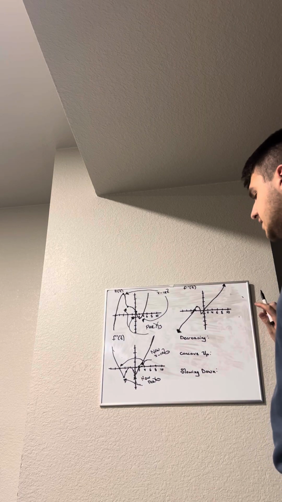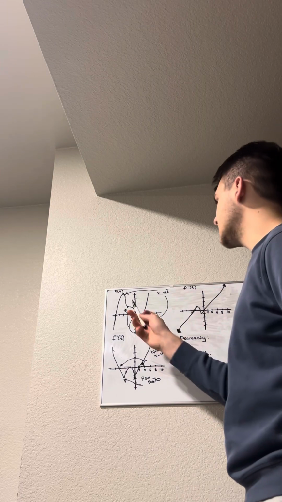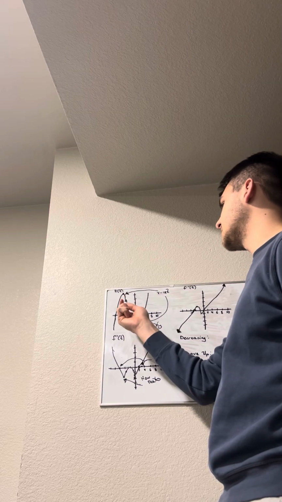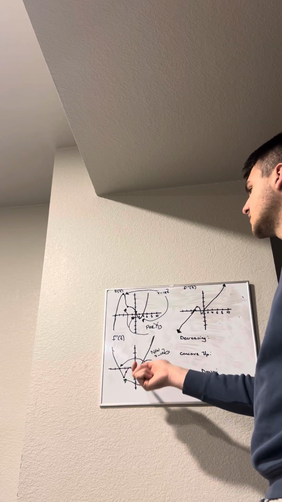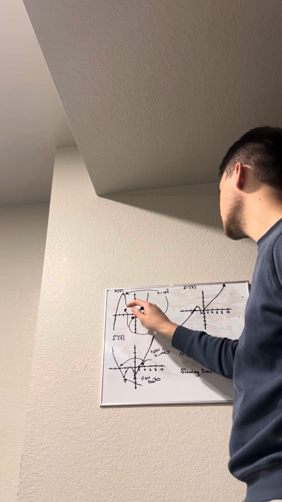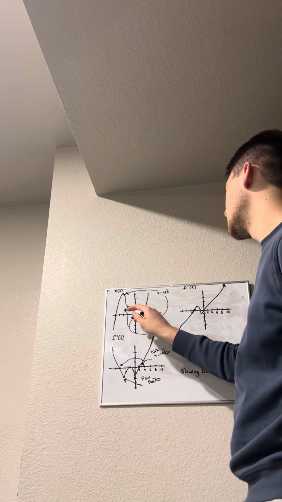So in this case, for decreasing, we can just look at f of t and see where the slope of f of t is decreasing. Or we can just look at this graph, because this graph is a representation of the slope of this graph right here.